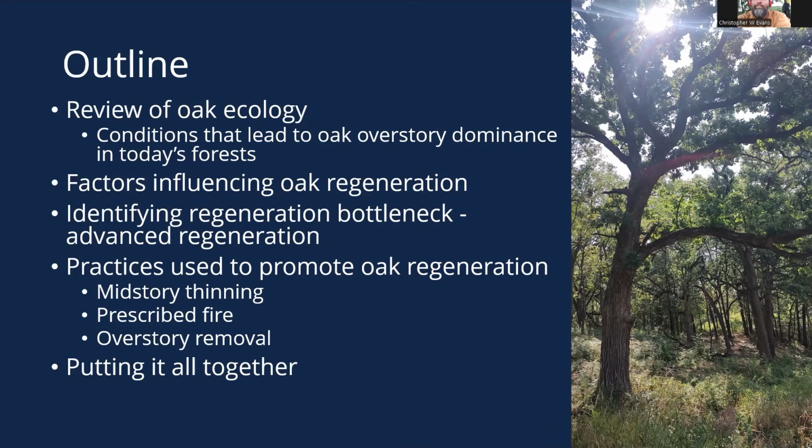And then the heart of the talk is going to be looking at research around practices that are used to promote oak regeneration, specifically thinning, prescribed fire, and overstory removal. I'll talk about a few others as well, and then try to finish up with putting it all together into some take-home messages again.